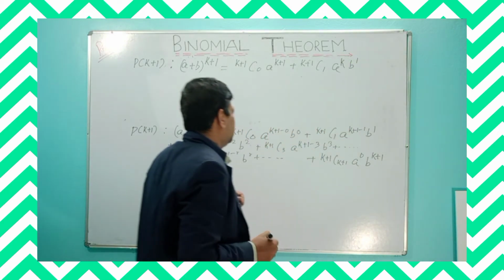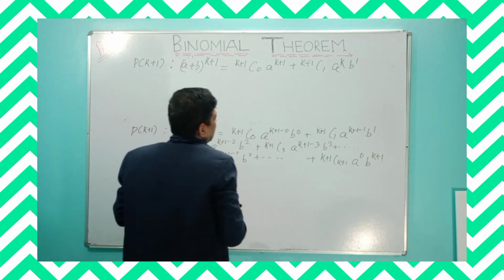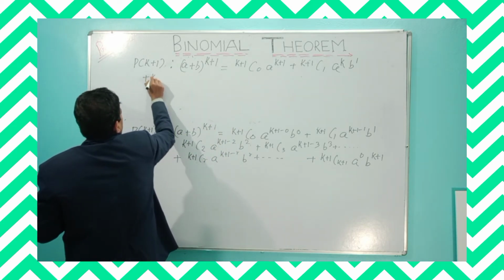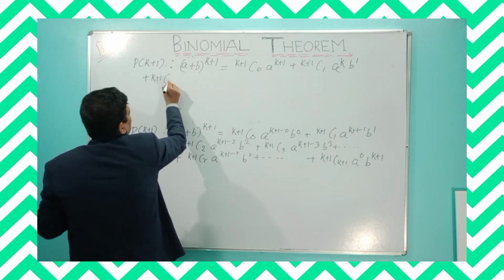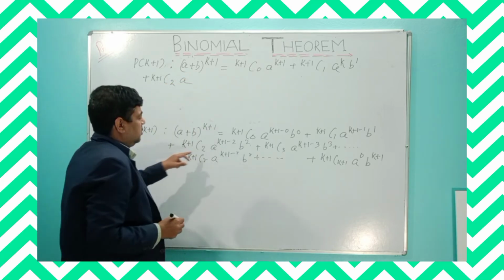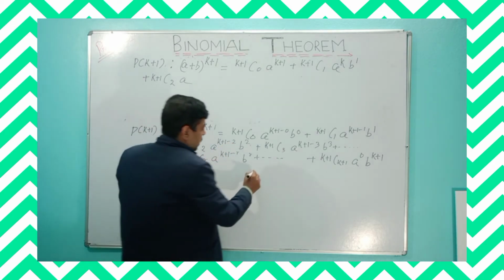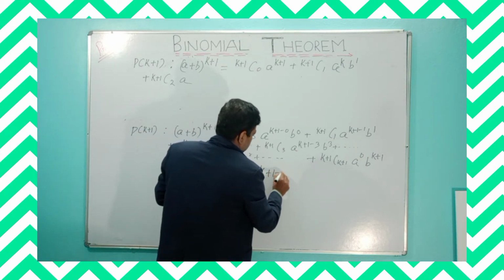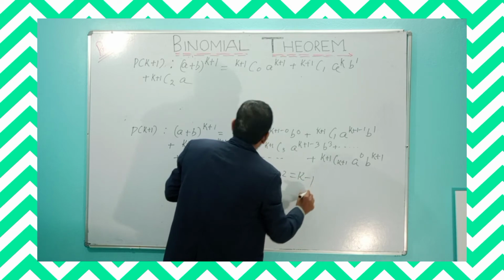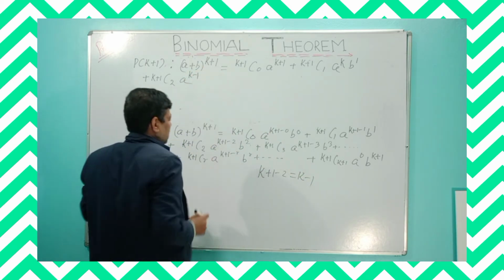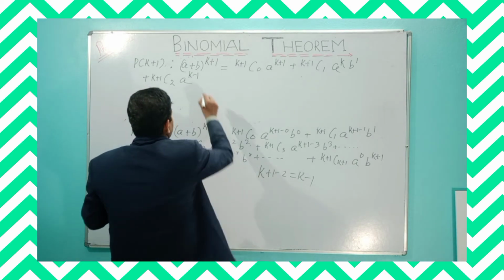Understand? Plus (k plus 1)C2, a to the power k plus 1 minus 2, which is k minus 1, and b to the power 2.